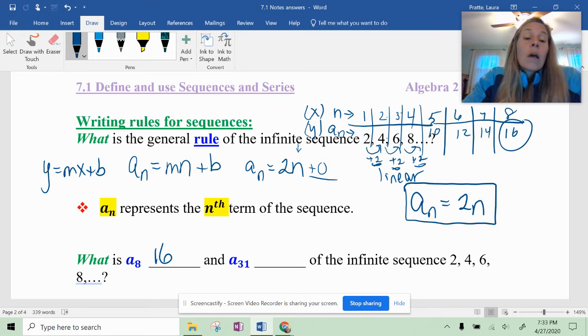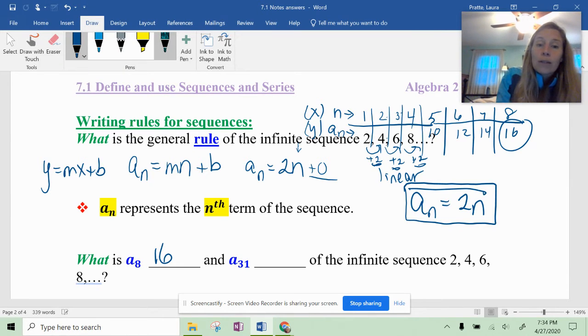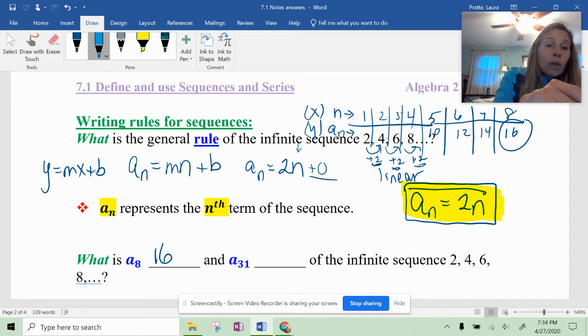Now, of course, you might be able to do that. It's okay. You can do it that way. But if I said a sub 243, you're not going to want to count by 2s that far. So that's where it's really important to be able to write this rule that we have right here. Because once we have this rule, we can use that for any number of terms.